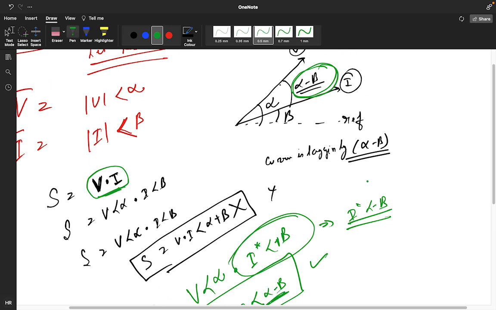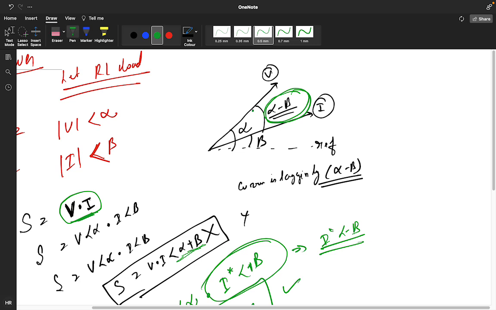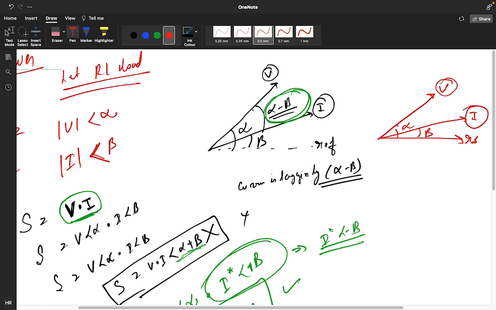If we write S is equal to V into I and simply substitute, we get alpha plus beta. That is wrong. Because in a network, you have a reference point, and from this reference you are getting V at an angle alpha and I at an angle beta. What is the angle between V and I? This is alpha minus beta.